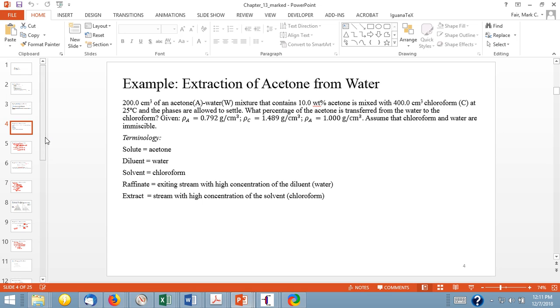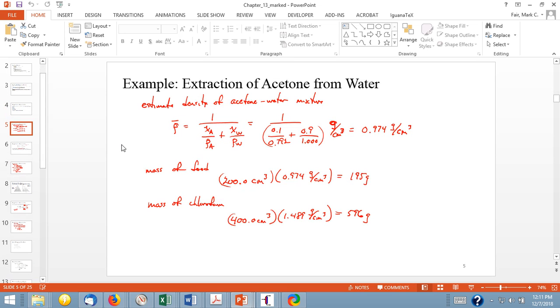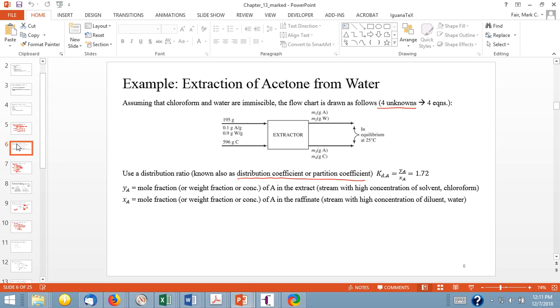Let me scroll down here just a bit. When we went through this one, we made some assumptions that... I gotta get the right problem here. Too many papers. This was the chloroform problem.